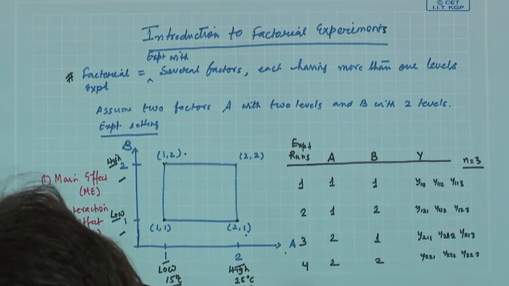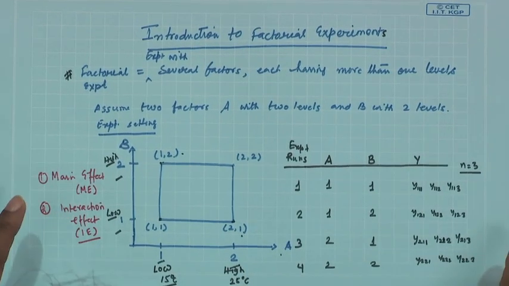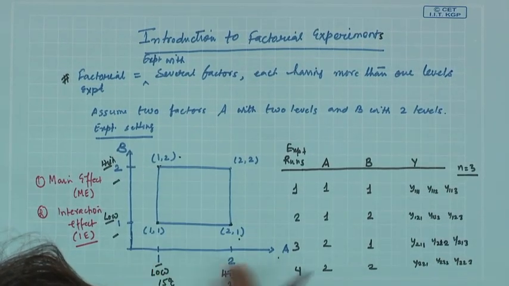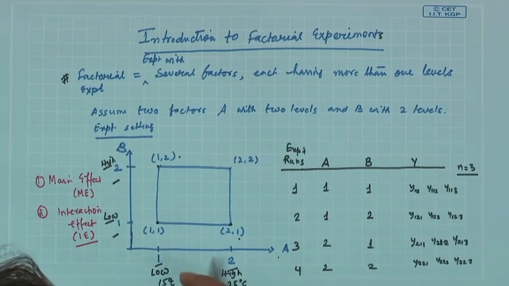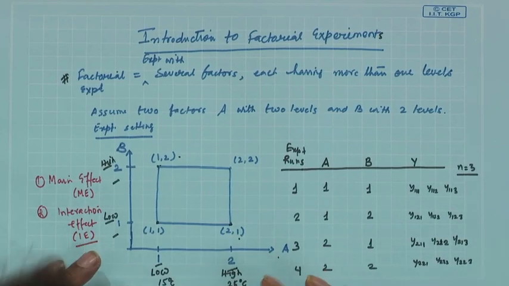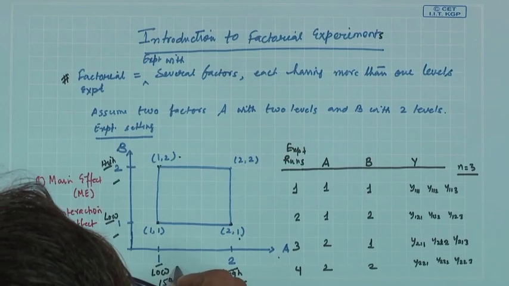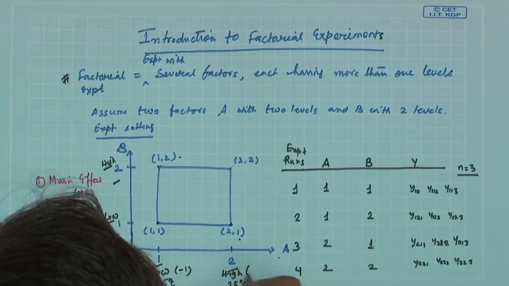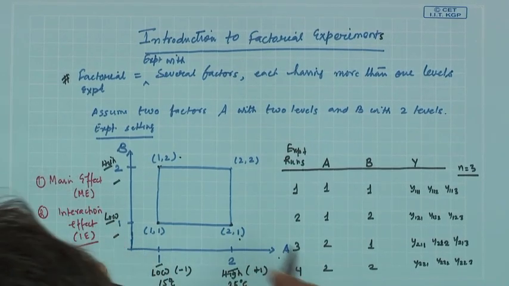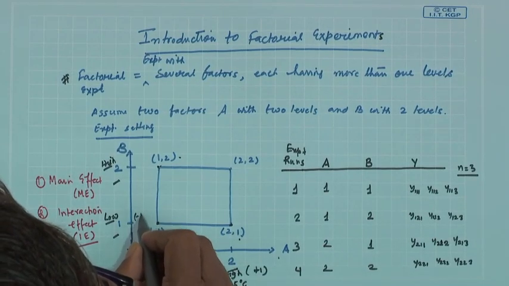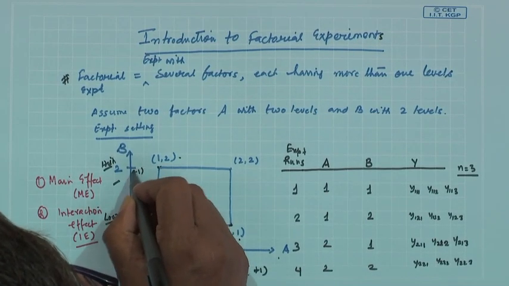We can write like this, but the more widely used notation is 1, 2 or low, high. Sometimes we use -1 and +1 also: low is written as -1 and high as +1.